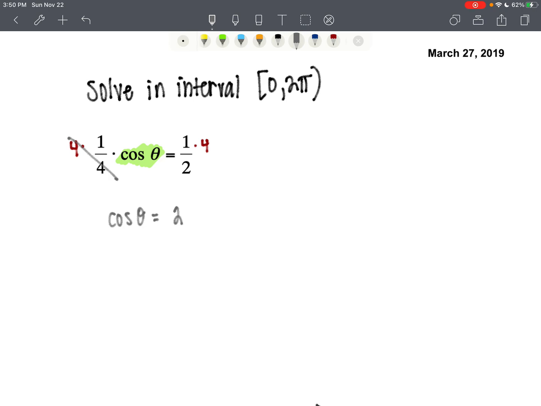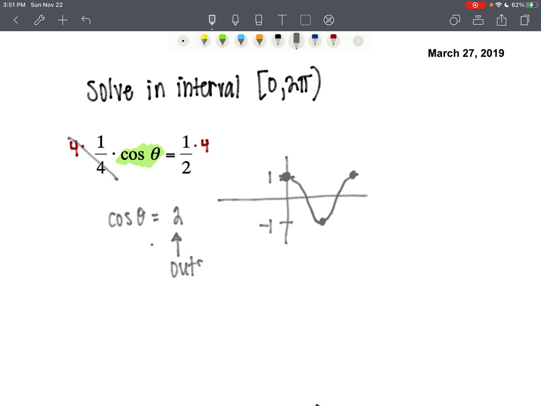Now, where is the cosine of theta going to give me a ratio of 2? Well, the range for cosine of theta, let's see, cosine starts at the max, ends at the max, halfway through it's at a min, so the minimum value is -1 and the maximum value is +1.